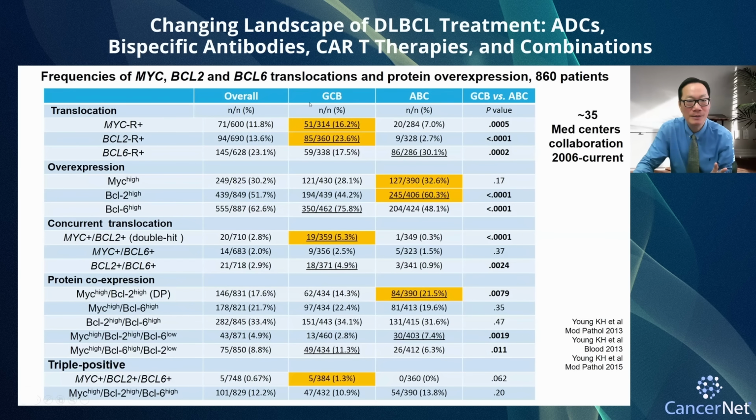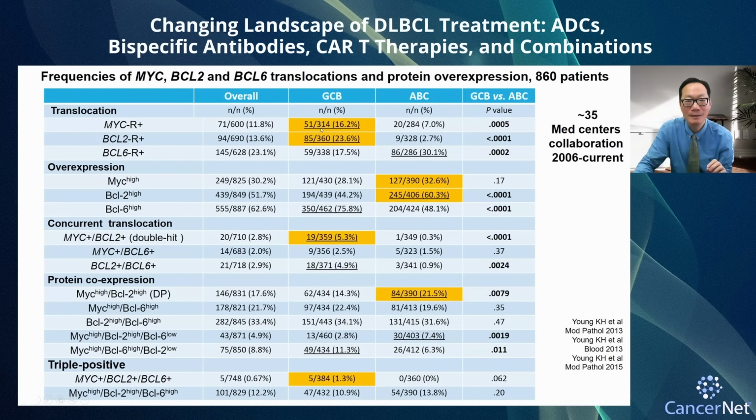As we see here, GCB patients commonly show a high frequency of single hit, whether it's MYC or BCL2. No difference in BCL6. While for protein expression, single expression of MYC or BCL2 is much higher in ABC patients.